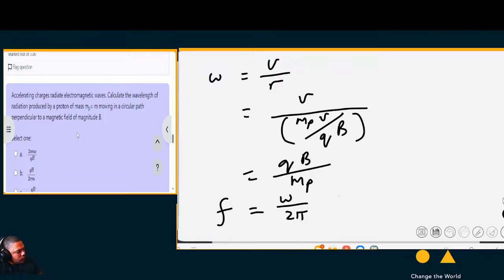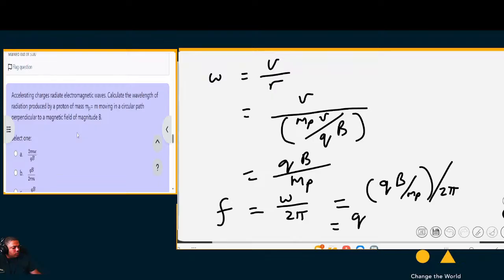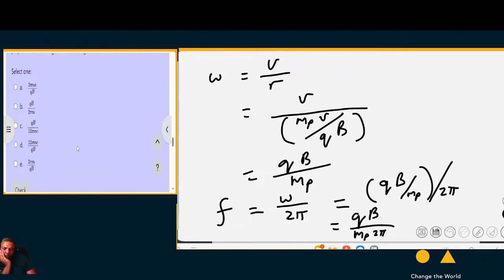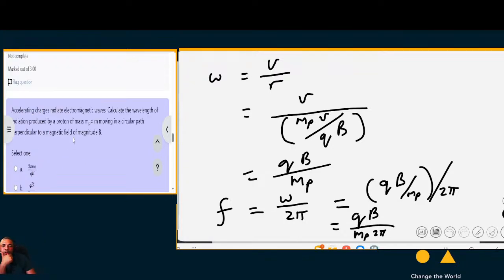So we will have this angular frequency qB over m_p divided by 2 pi, and that will give you a formula of the frequency, which is qB over 2 pi m_p, the mass of the proton, if I'm not mistaken. That is the frequency, but what do we want?